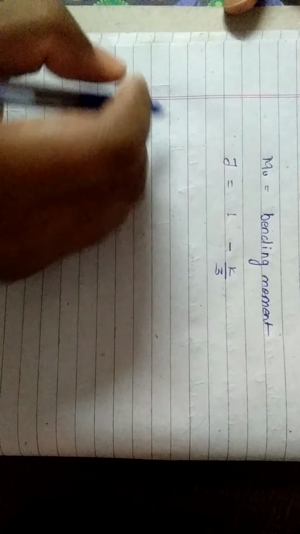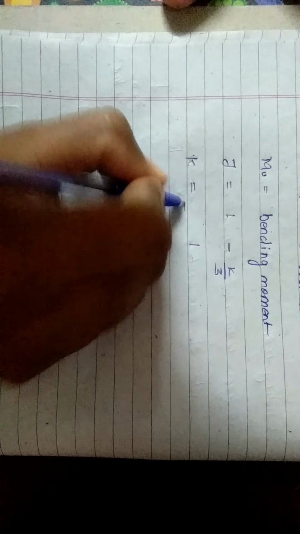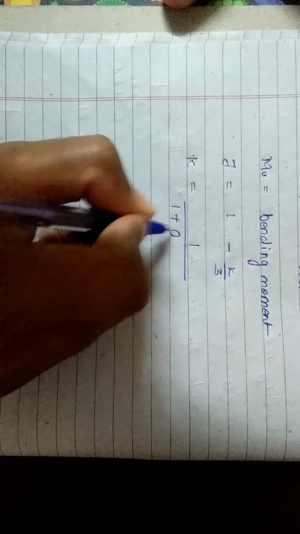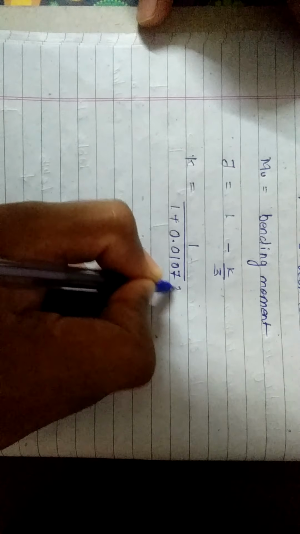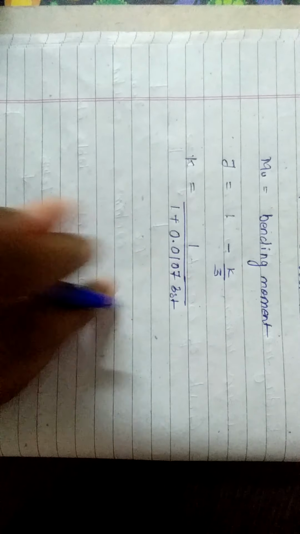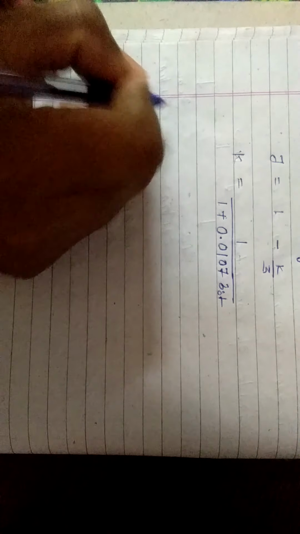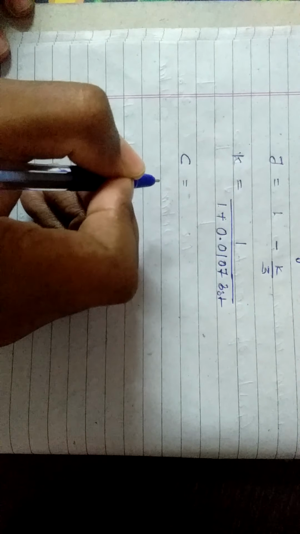Okay, now what is k? The k is equal to 1 upon 1 plus 0.0107 of sigma st, the permissible stress in steel. Now see, the value of c we don't know.